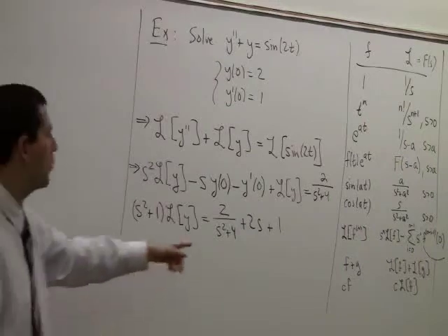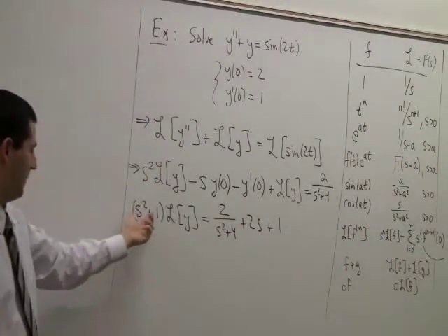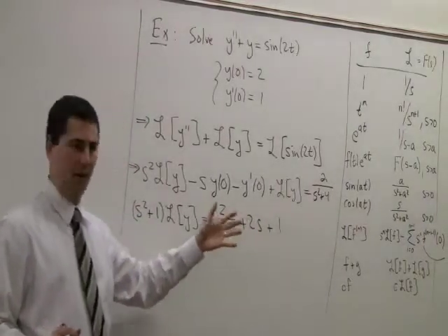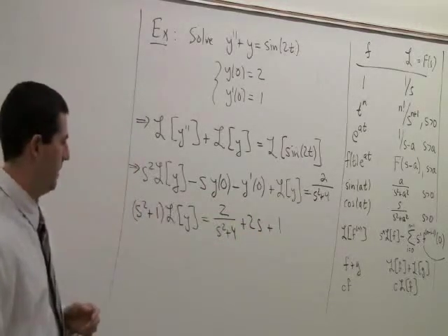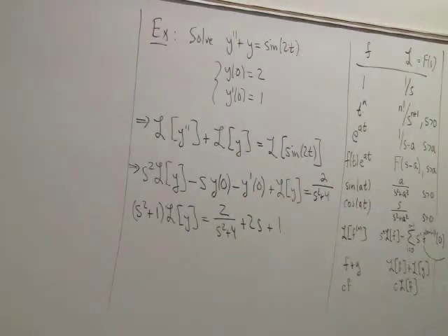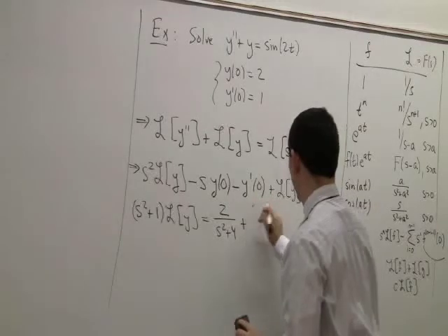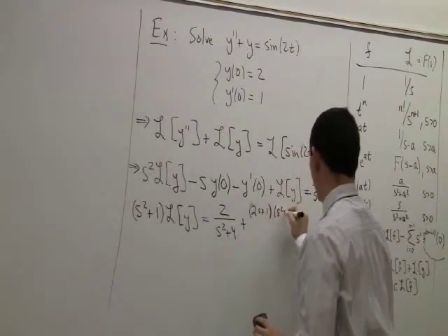Now we don't really want it like this, because what's going to happen? We're going to divide by s squared plus 1, and it's going to get ugly. It's going to get nasty. We want to make sure everything's over the same denominator. So, better rewrite this as 2s plus 1 times s squared plus 4.